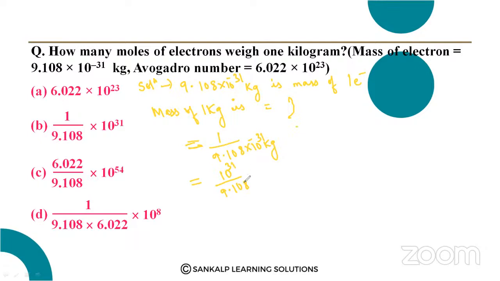The negative changes into positive. So that many electrons are present in 1 kg. Further, you have to divide it by Avogadro's number. So 10 raised to 31 divided by 9.108 into Avogadro's number.